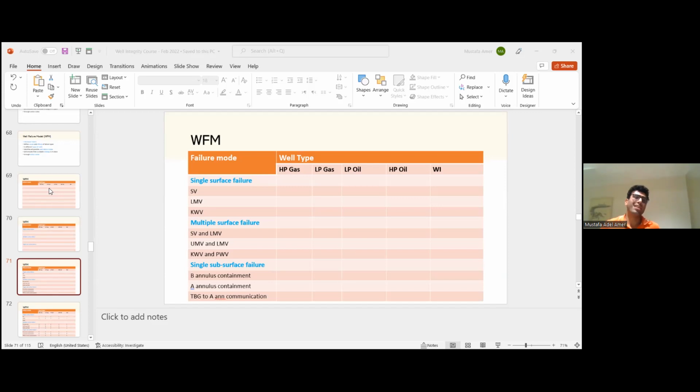Integrity can't be delinked. If you need to have facts, you need to have the information, and you need to have the data through which you can gather insights, like the example we gave about the field where we lost the 9 5/8 inch casing because we had corrosive water behind the casing. We found that in 3 water injector wells, and we have 10 other injectors in the field with the same design and the same access to the same formation.